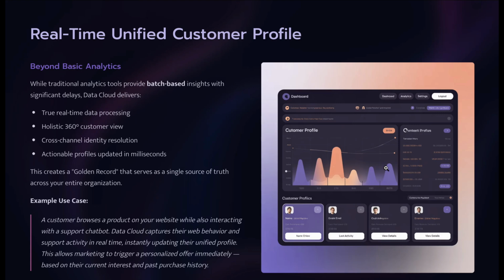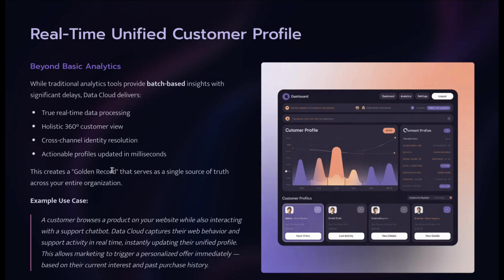Now let's understand this with the help of an example. Let's say you have a website and there is a customer, and the customer shows some interest in a particular product. That particular information is sent immediately to the Salesforce Data Cloud system, using multiple channels, which we'll discuss in upcoming lectures. Now Data Cloud will check if that particular customer is already part of a unified profile, or I can say the golden record.